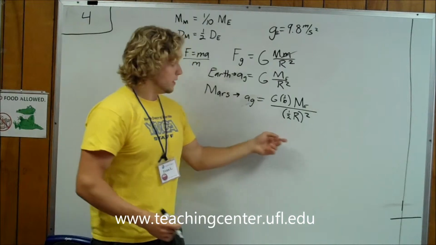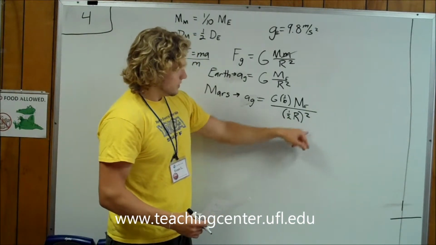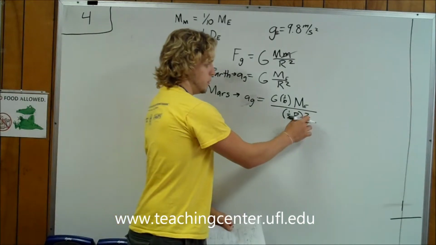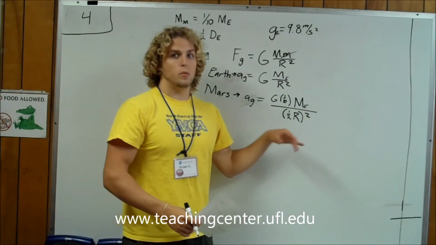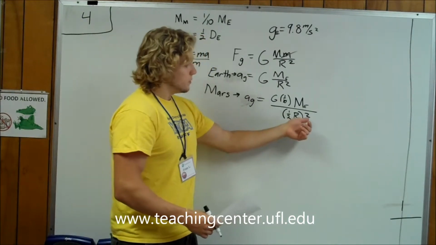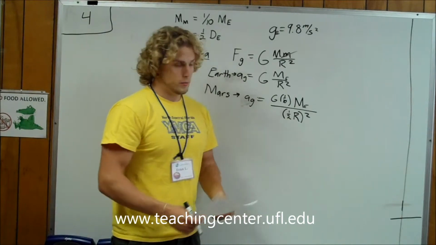So that means that we're going to be able to plug that in here. But it's squared, so that's going to make a difference. That's oftentimes where people make a mistake, is when it's squared for a variable.